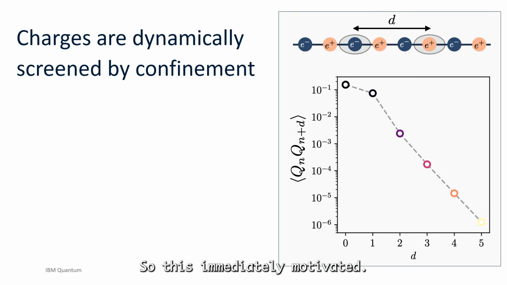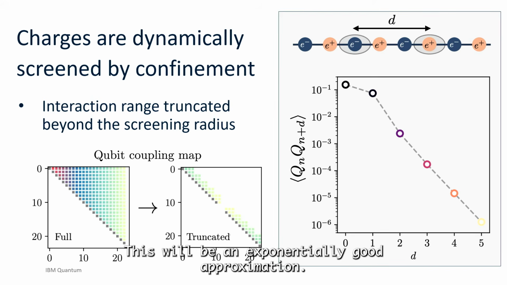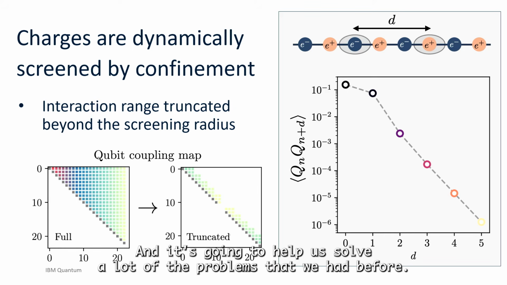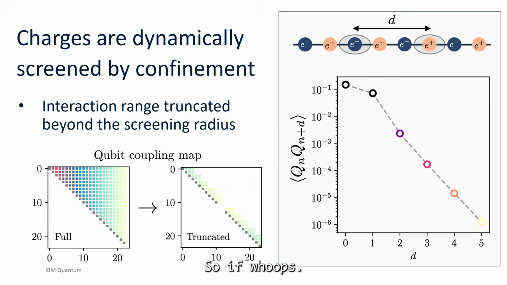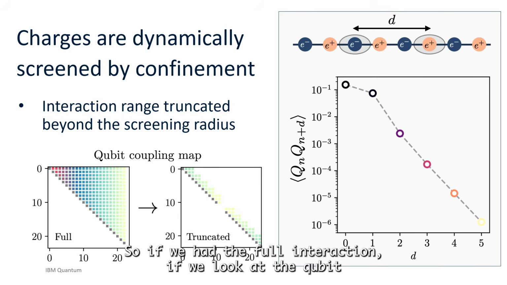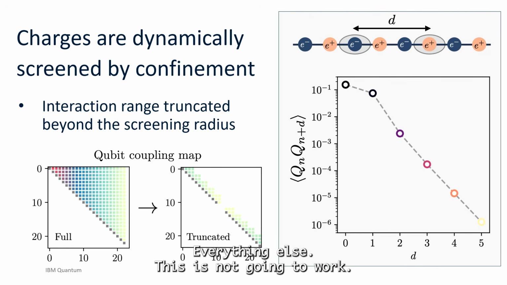So this immediately motivated, well, why don't we just truncate the range of these interactions beyond the screening radius? This will be an exponentially good approximation, and it's going to help us solve a lot of the problems that we had before. So if we had the full interaction, if we look at the qubit coupling map, we'd see everything is coupled to everything else.